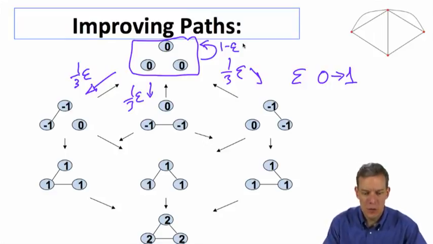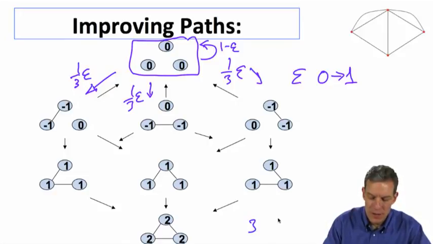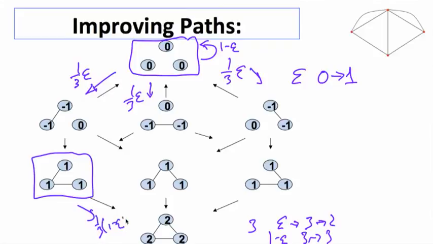Okay? And so forth. If we're here with 3 links, then there's a probability epsilon that you go from 3 to 2, and a probability 1 minus epsilon that you go from 3 back to 3, and so forth. And so from one of these networks, there's a 1/3 times 1 minus epsilon chance that you go to the complete network.